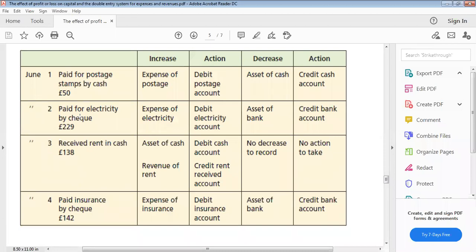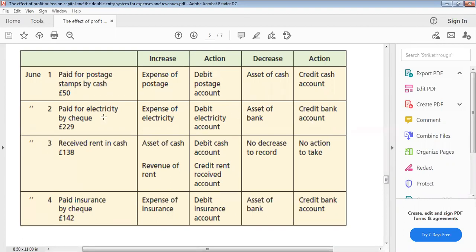Now, there's an increase in the expense of electricity. To account for that increase, you debit the electricity account. But you paid by check, so therefore there's a decrease in the asset of bank. To account for that, you credit the bank account.